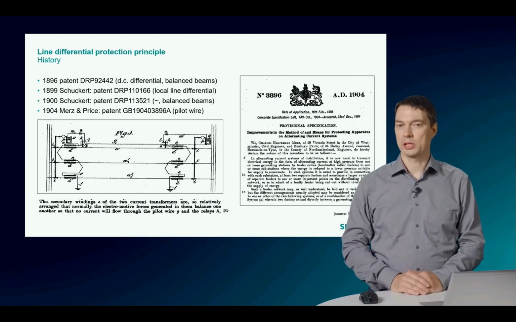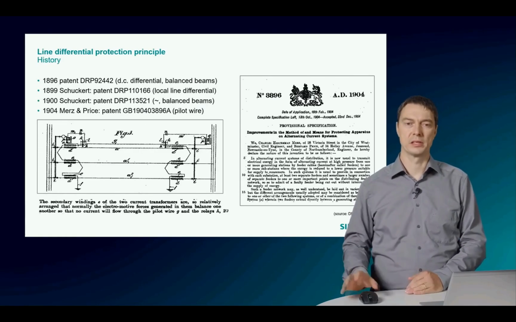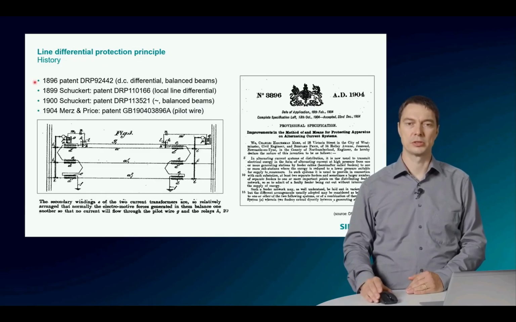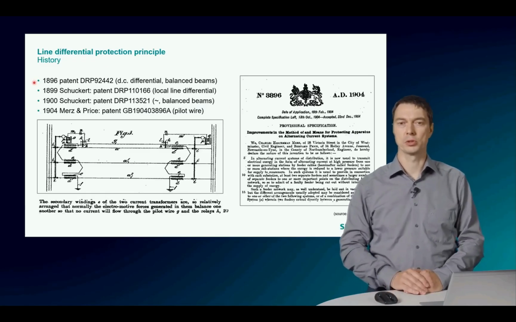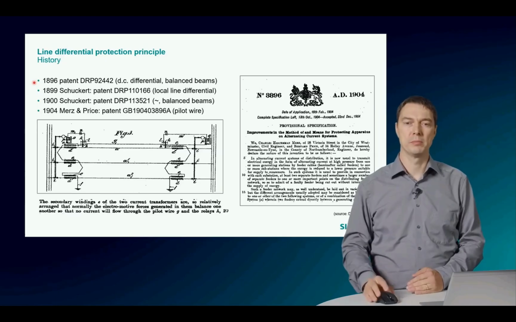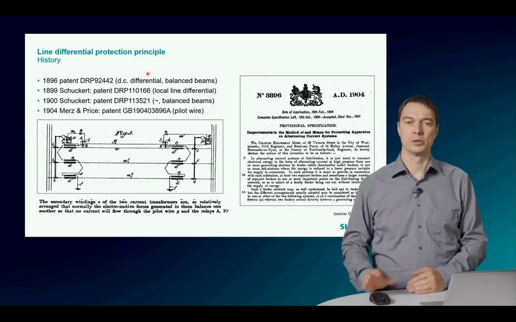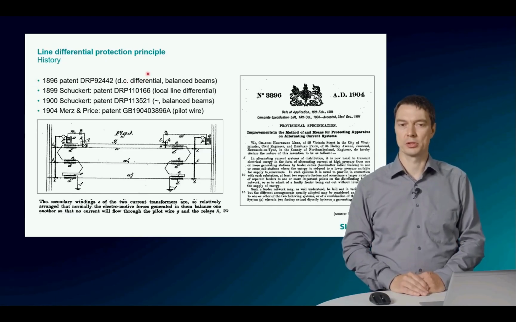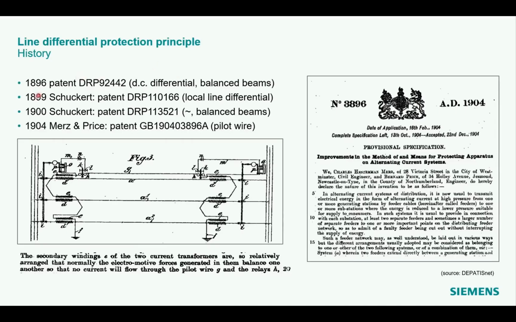The line differential protection principle is very old. It started around 1900 with patents by Shugart. A balanced beam was used for the DC differential protection. Later, around 1900, Shugart enhanced it further for the AC lines, but still used the local measured currents for the differential protection.